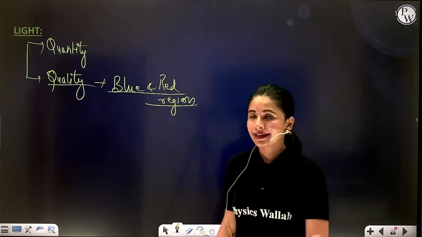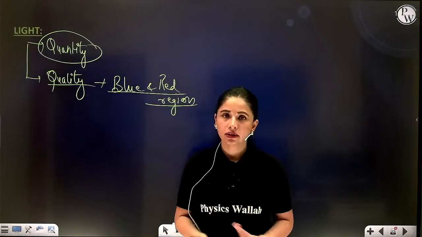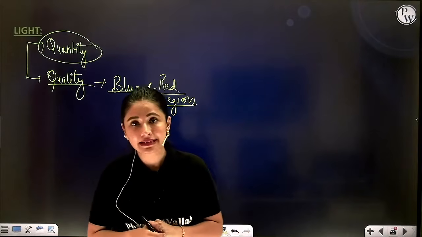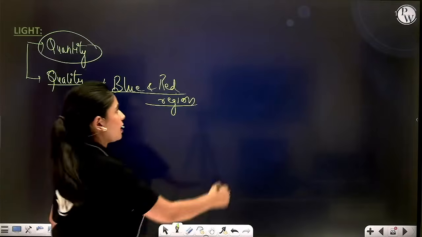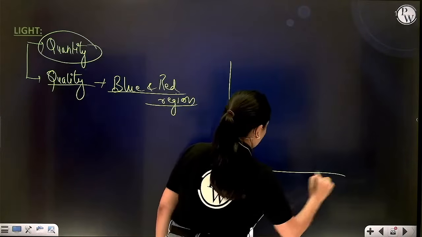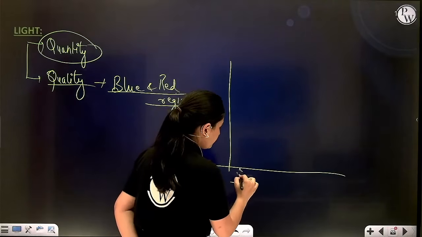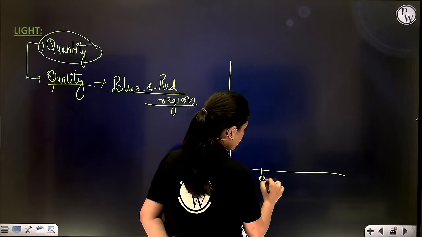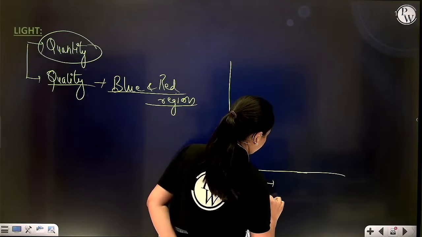Correct? Next is quantity. So quantity, again, I am going to explain this factor of light with the help of a very easy graph. So on the x-axis, we are going to mark the intensity of light, not wavelength, rather we should write intensity.